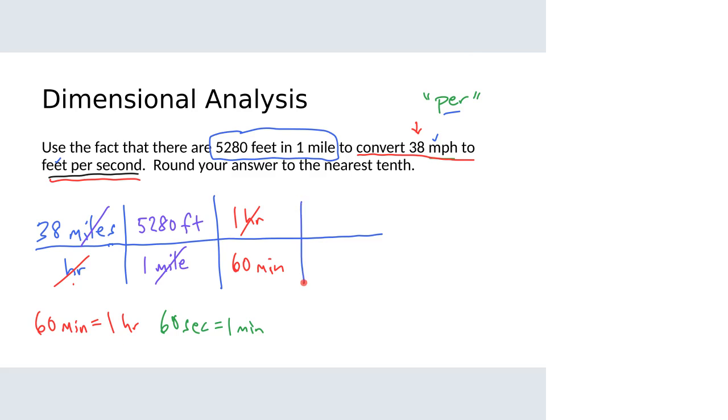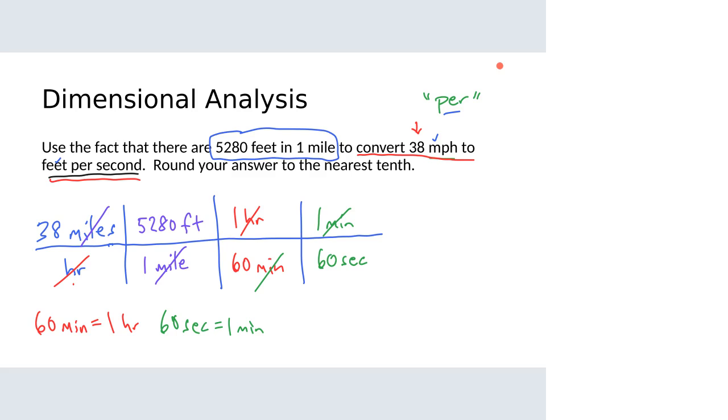I need to put my 1 minute in the top so that it cancels with the 1 minute that's in the bottom, and the 60 seconds goes on the bottom. Now the minutes cancel, and when I go back to look at my units, I have feet per second. That's what I was trying to get to. So now I know I'm done with all the unit fraction part of this problem.